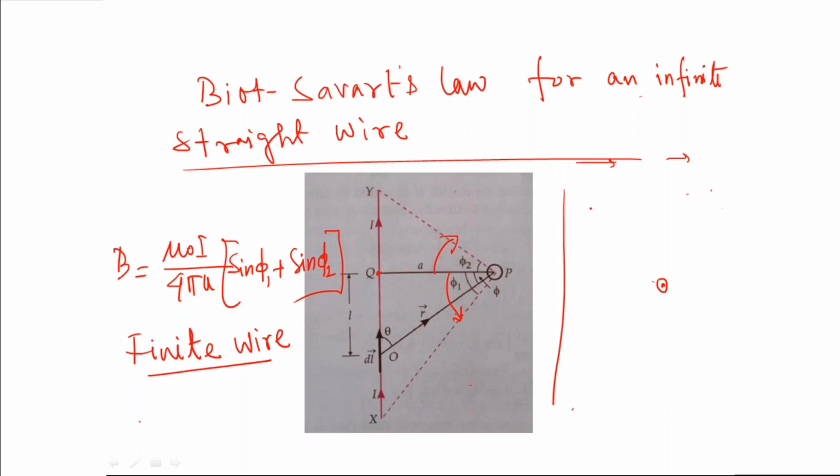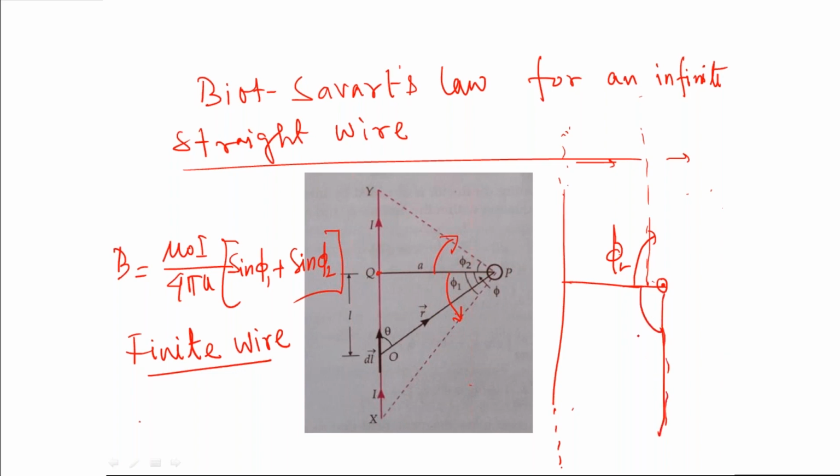If the wire goes on like that to infinity, phi 2 will be 90 degrees, and similarly if the wire goes the other way to infinity, phi 1 also will be 90 degrees. Both will be 90 degrees.